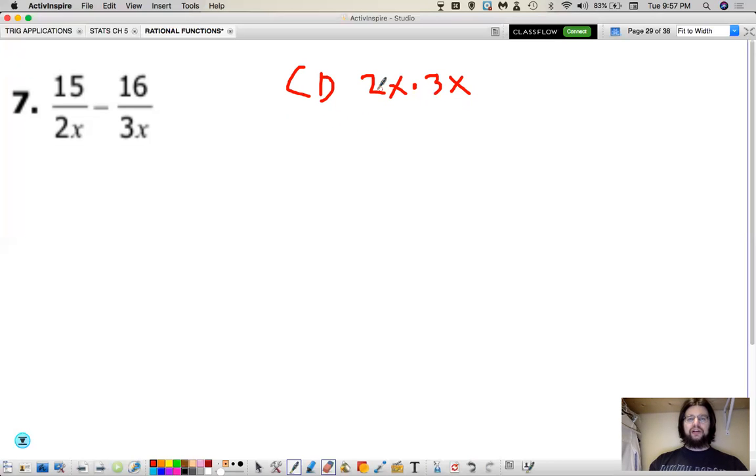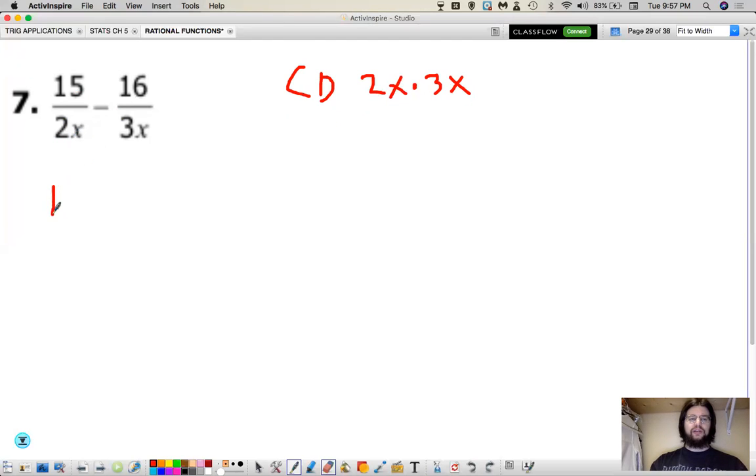So common denominator, 2x times 3x, whatever that is. Usually, to use a common denominator, we multiply both sides of our equation by that common denominator. There's no equal sign, there's no equation. So we're going to make this term and this term have this denominator. So what is this one missing? Well, it's missing a 3x.